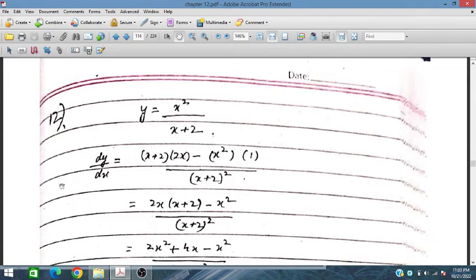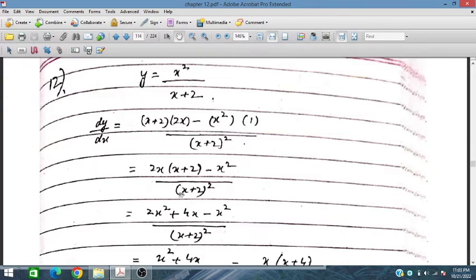Solve problem number 12. y is equal to x squared divided by x plus 2. So we have this dy by dx, because this is u, this is v. So v u dash minus u v dash divided by v squared.